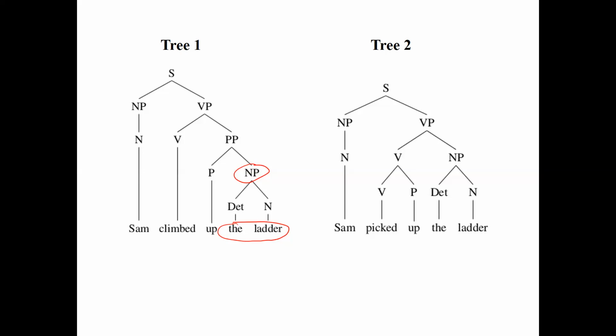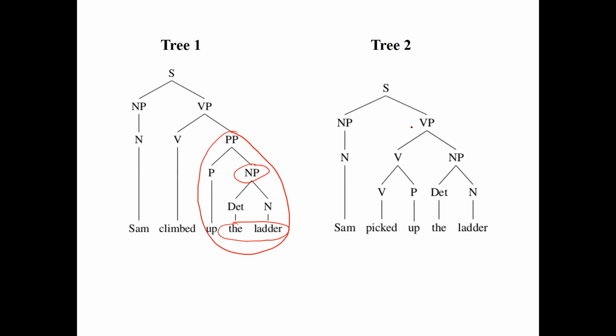Okay, I think those are correct answers. In tree 1, up the ladder is a constituent. In tree 2, up the ladder is not a constituent. The reason it's not a constituent is that there is a node that dominates the words up, the, and ladder, namely VP.